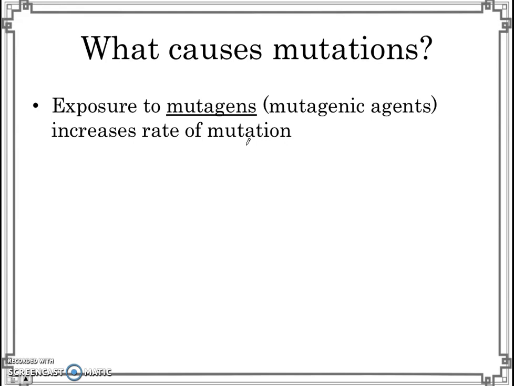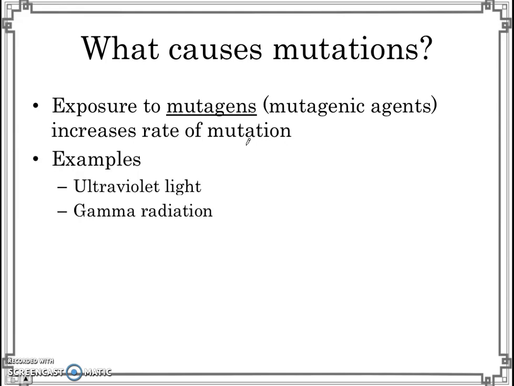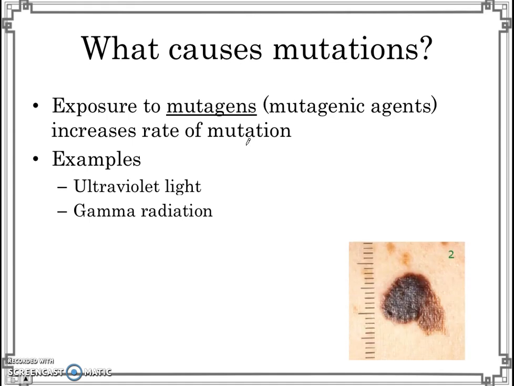Some famous mutagens are ultraviolet light, found in sunlight, or gamma radiation, found in some scientific labs. Excessive exposure to ultraviolet light may lead to greater mutation, and may lead to an increase in diseases like cancer. So too much sunlight might cause skin cancer.